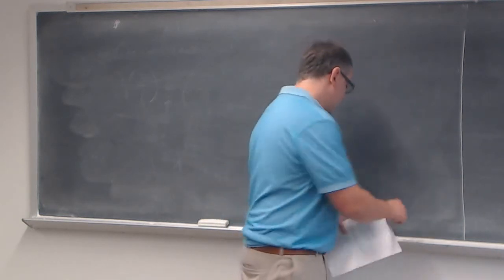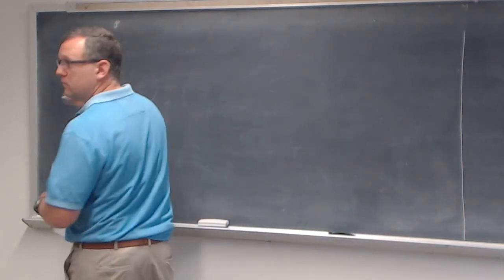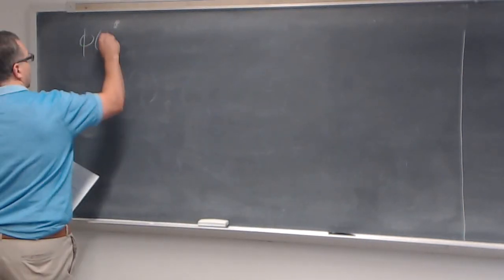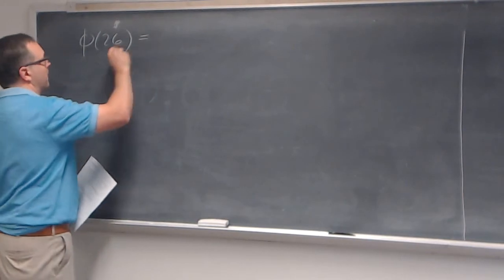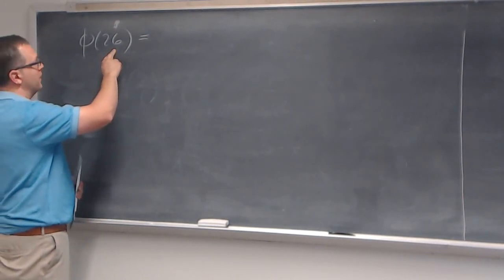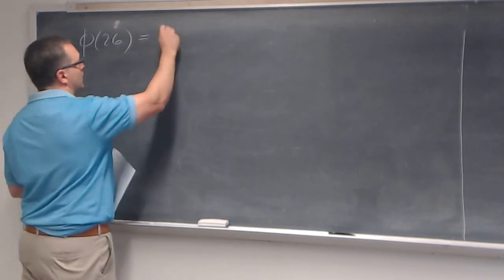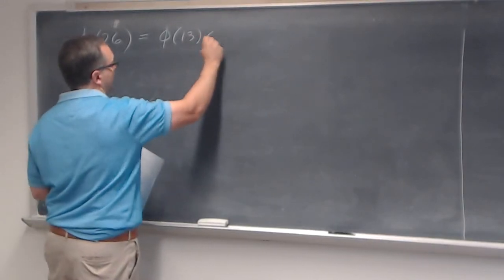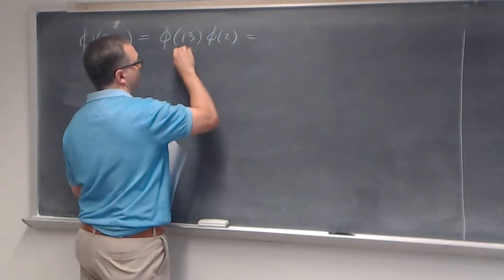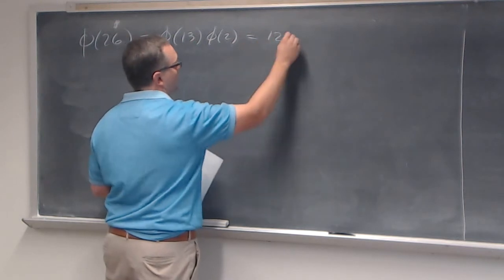So there's 26 letters in the alphabet, and how many numbers are relatively prime to 26? 26 is 13 times 2. So phi of 13 is 12, and phi of 2 is 1.